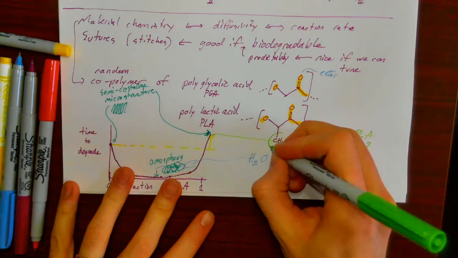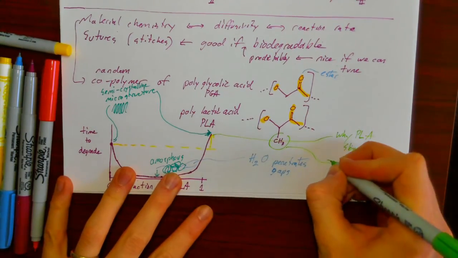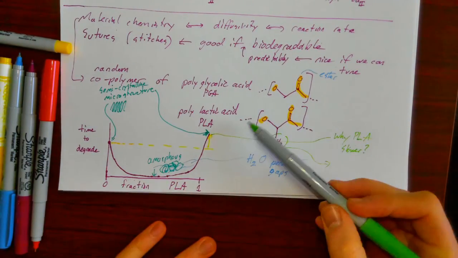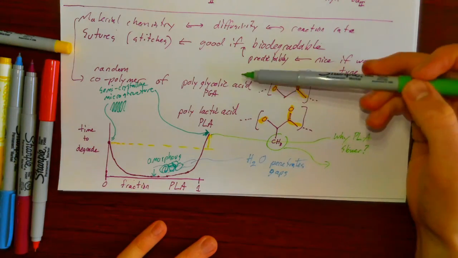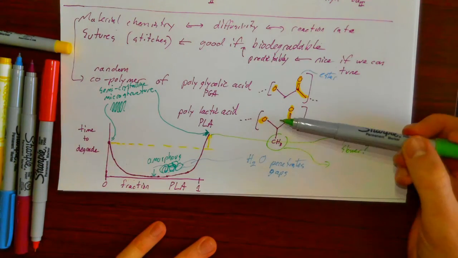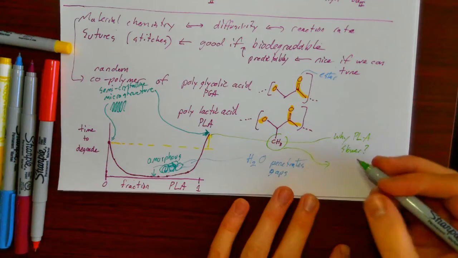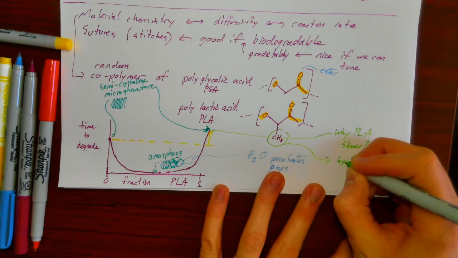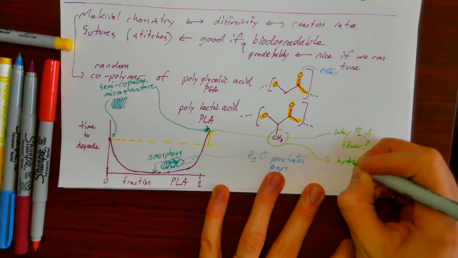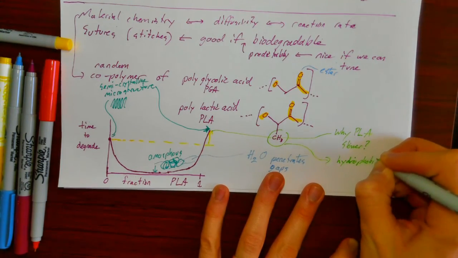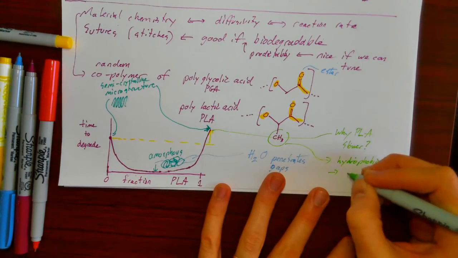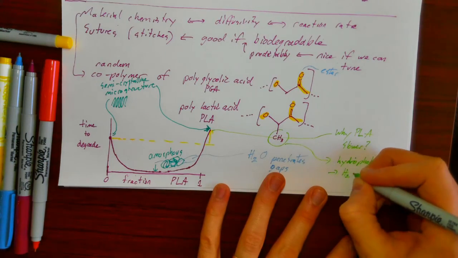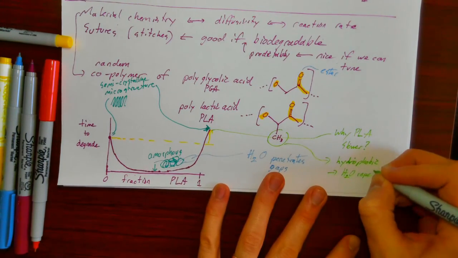Well, it has to do with this methyl group. Which one do you think is more hydrophilic, polyglycolic acid or polylactic acid? Well, this guy has the methyl group. The methyl group makes it hydrophobic. So H2O is repelled.